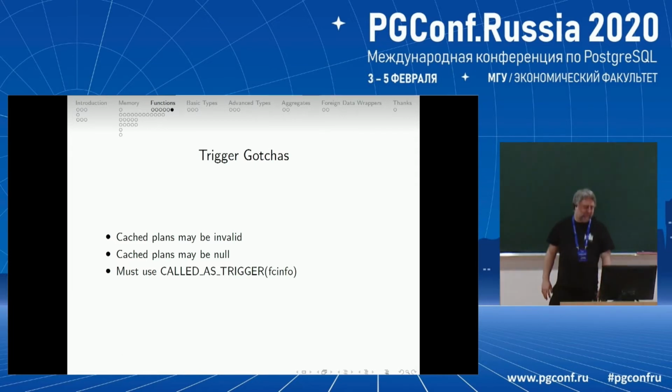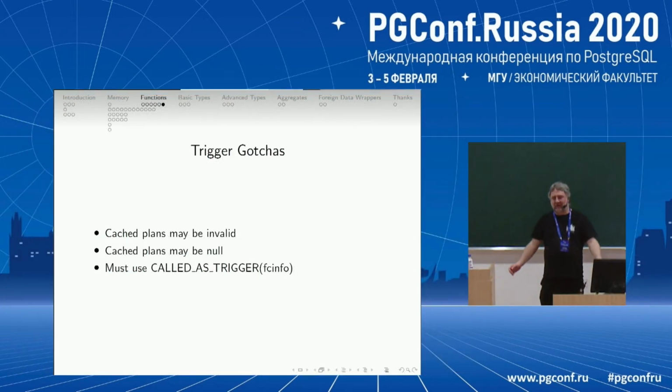Major trigger gotchas. Cached plans may be invalid. If you cache a plan, which you can do with SPI cache plan, and there's a temporary table involved, next time you want to use it, it may be invalid. So there's the whole question of invalidating plans if you want to cache them.